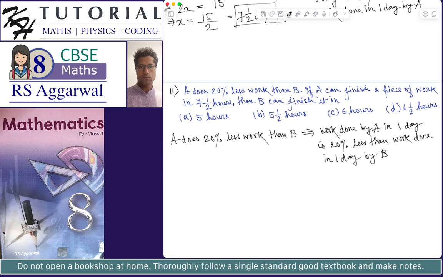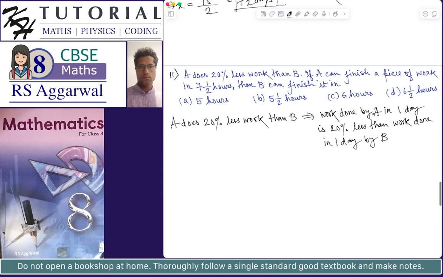Okay. So let's assume, since it is talking in terms of hours, the work done by A in 1 hour is 20% less than the work done in 1 hour by B. So the time will be in hours.